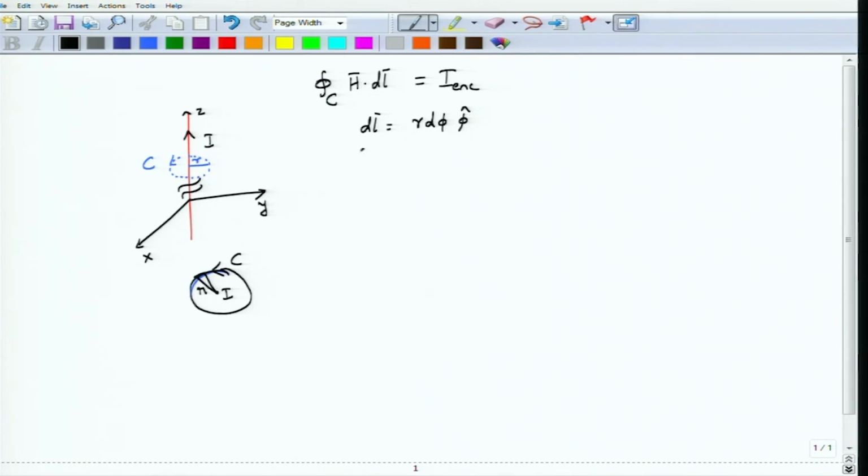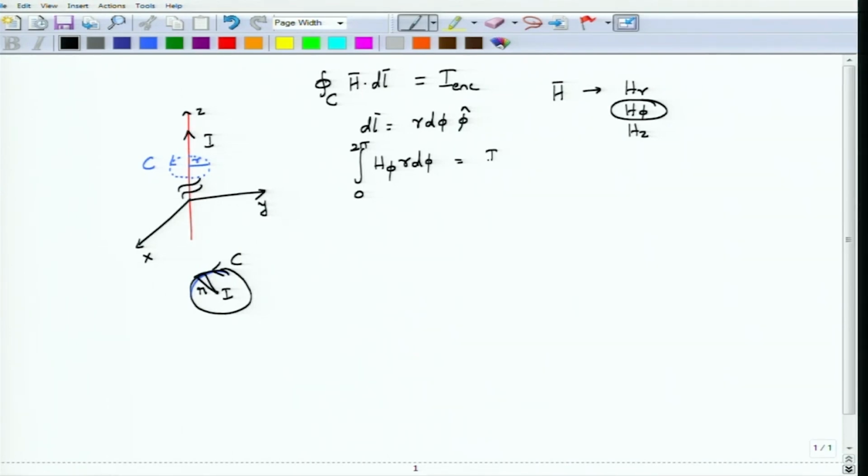Now when you put this into H, remember that H can consist of H r, H phi, or H z components, but because you are taking the dot product of H with dl, and dl is pointing along phi, out of these three components only H phi would meaningfully contribute to the integral. So the closed loop integral in which phi goes from 0 to 2 pi, and H has only the phi component, can now be written in this way. And what is the current that is enclosed?